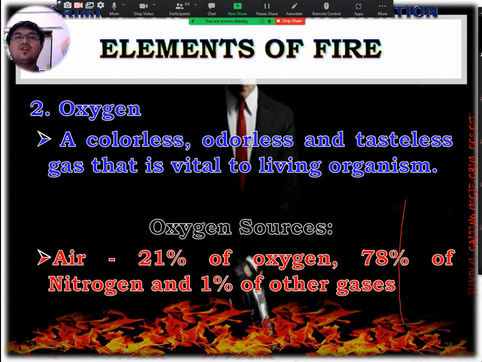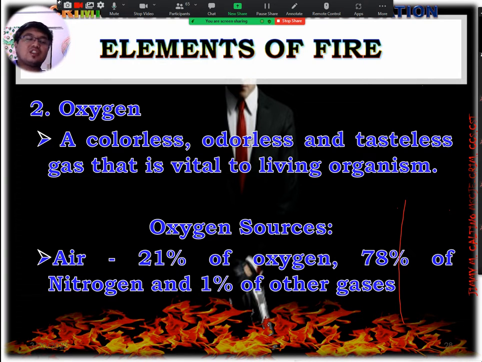What is important for us is that for licensure examination, we should be able to identify the oxygen sources. So it says there 21% of air is oxygen, 78% is nitrogen, and 1% is just inert gases. Just like what I have mentioned kanina, di ba? As the second element.